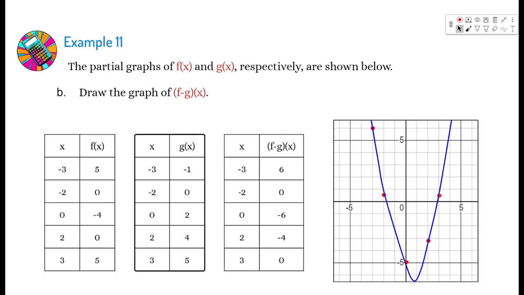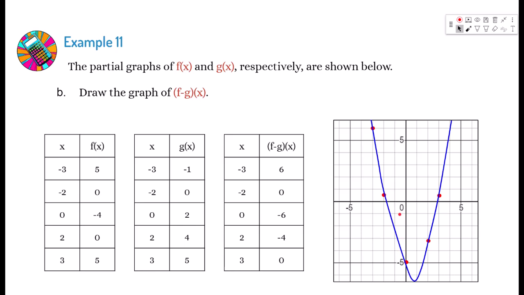Now, the thing is with this, sometimes we might miss some important points. For instance, in this one, notice here, I didn't pick when x equaled 1 right here, which means I might miss some key points.